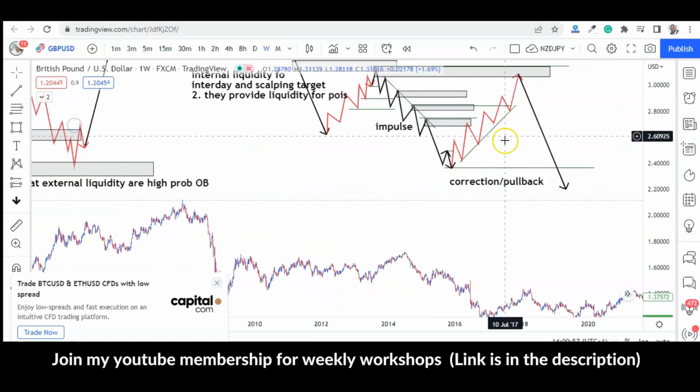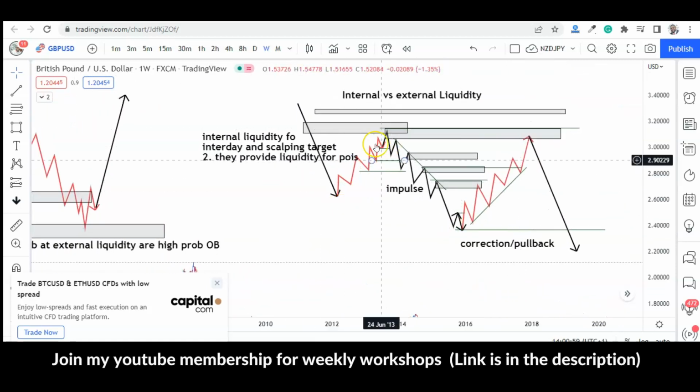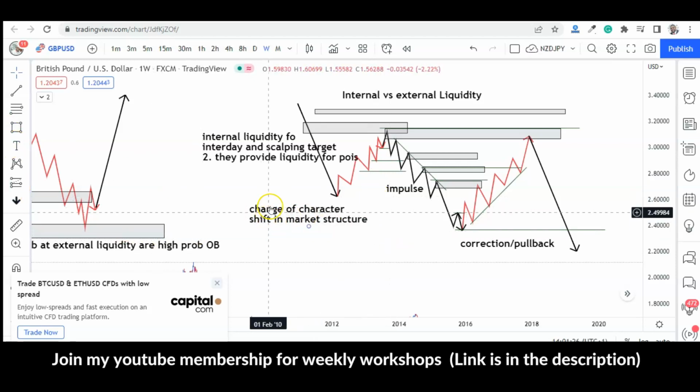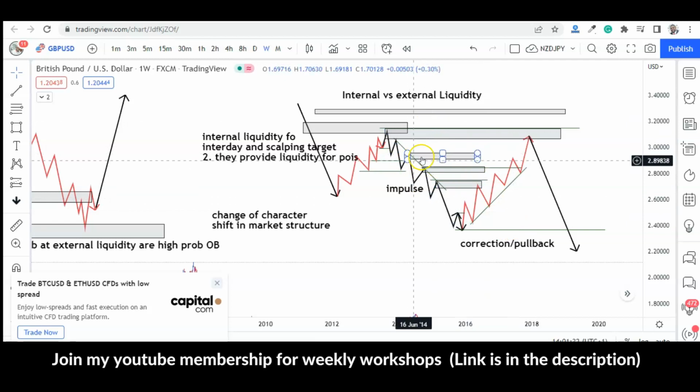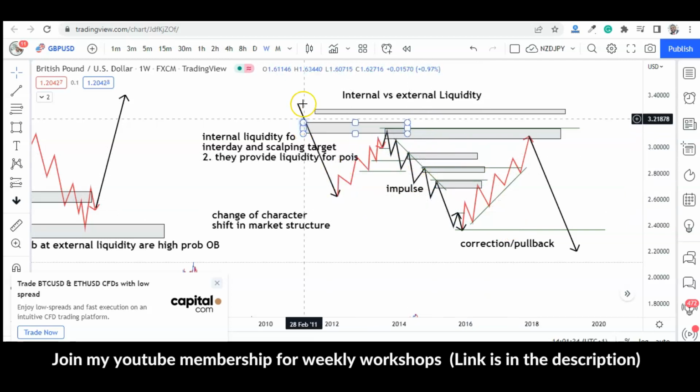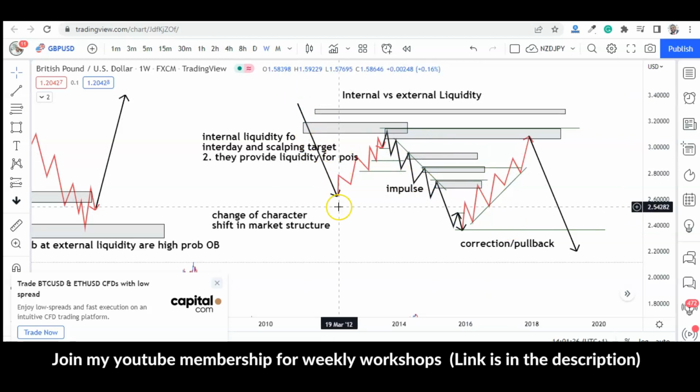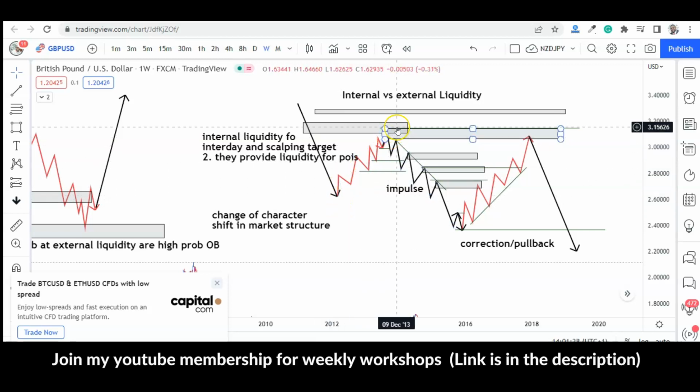Now, how do you trade this? To trade this, you need to understand, number one, change of character, or shift in order flow, because we are looking for a bearish move for this example. The market has already broken structure. Now, this returning leg is simply a pullback.